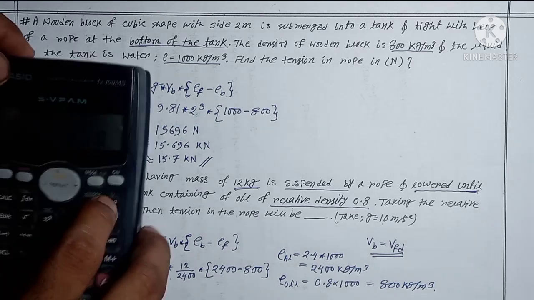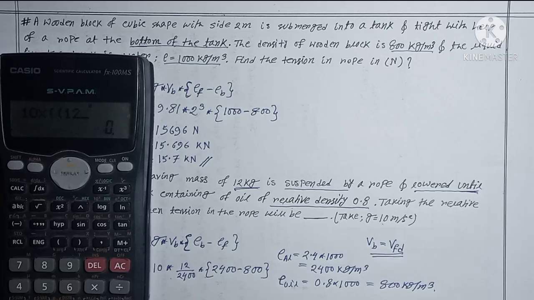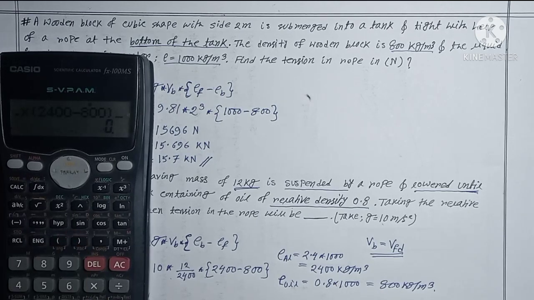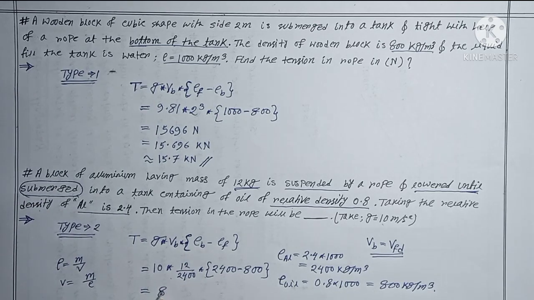Simply 10 into 12 by 2400 into 2400 minus 800, so we are getting 80 Newton. So I hope this one is also clear to you.